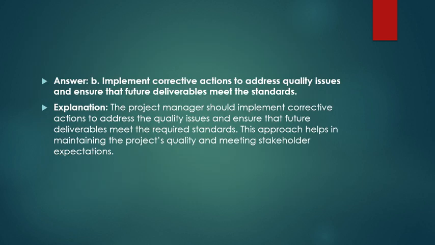Answer is implement corrective actions to address the quality issues and ensure that future deliverables meet the standards. The project manager should implement the corrective actions to address the quality issues and ensure that future deliverables meet the required standards. This approach helps in maintaining the project quality and meeting stakeholder expectations.